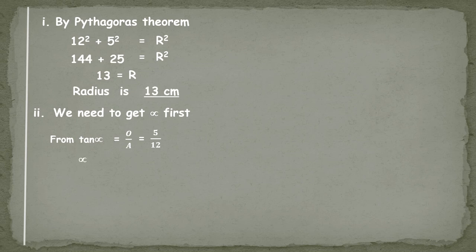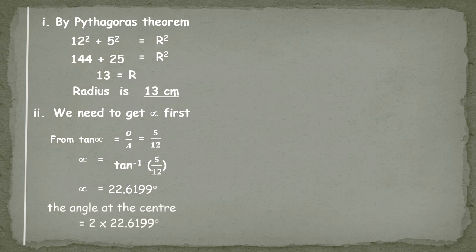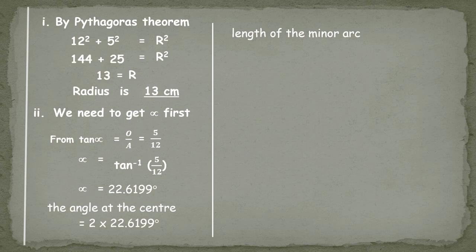So alpha will be the tan inverse of 5 out of 12, and that gives us alpha as 22.6199 degrees. We can check that with our calculators. So the angle at the center will now be 2 times 22.6199 degrees.